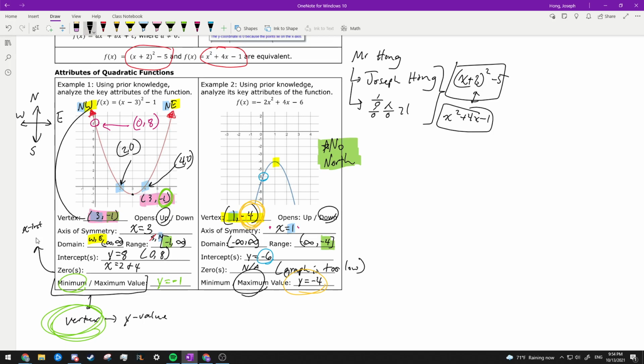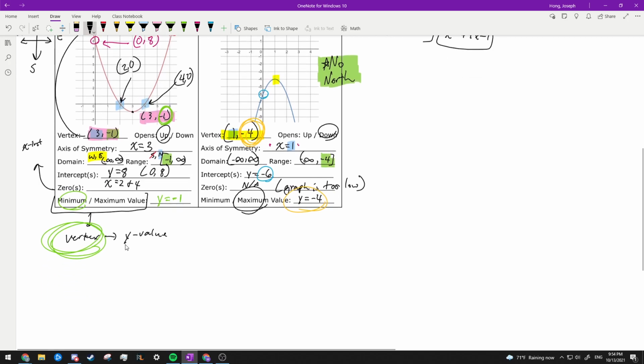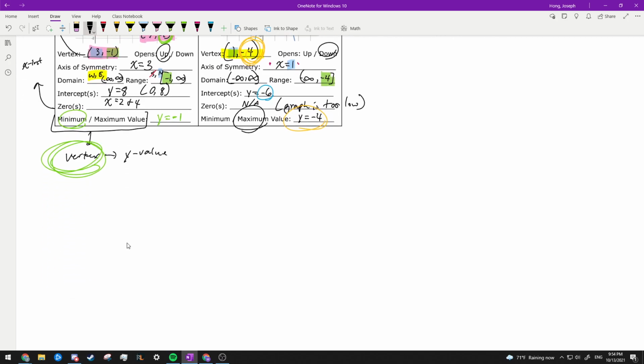So in the end, today we learned how to use prior knowledge. So we used Unit 2 information to identify key attributes of a quadratic.